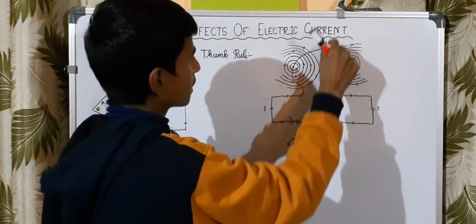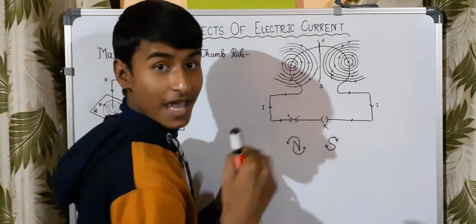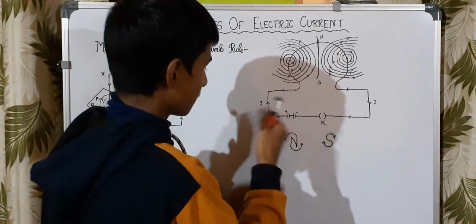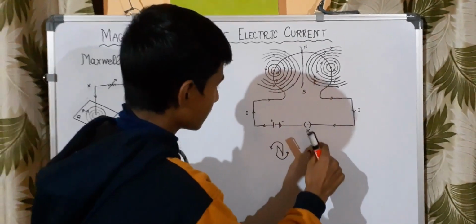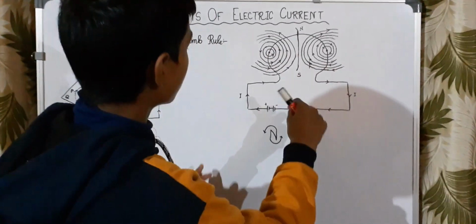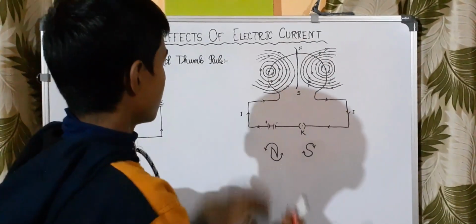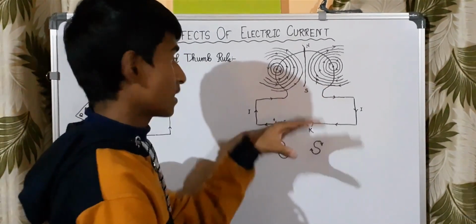If this is the north direction and this is the south direction, then N means north, so it is in this direction. That means it denotes the anti-clockwise direction. And if it is the south pole, then it is the clockwise direction. So if we see from this side, it would be clockwise, and if we see from the other side, that is the north, then the magnetic field would be anti-clockwise.